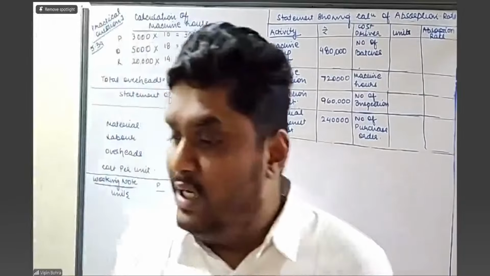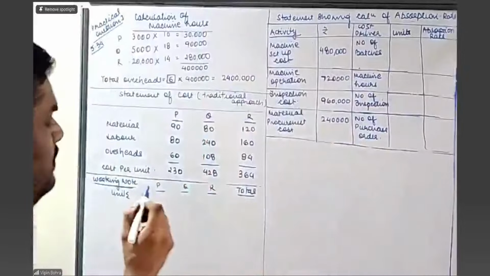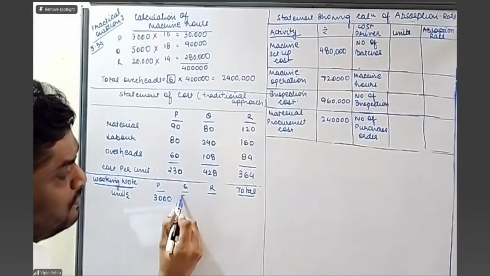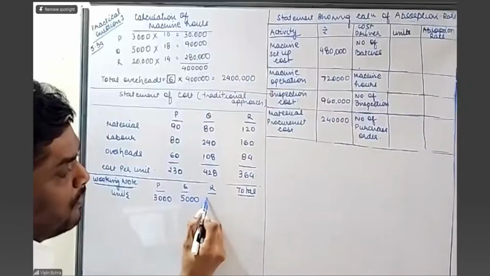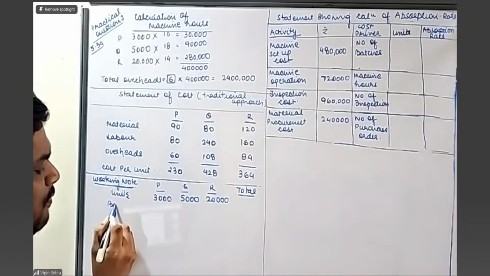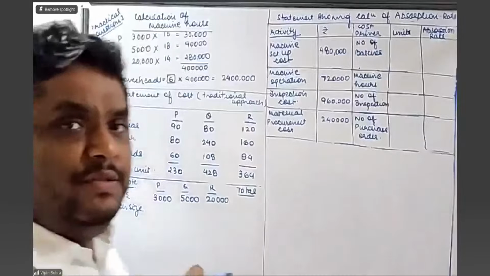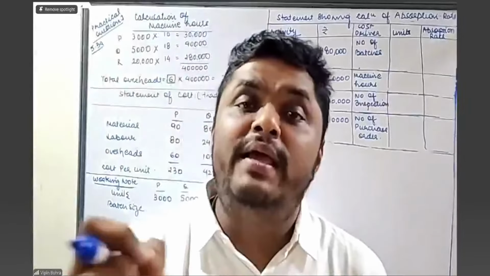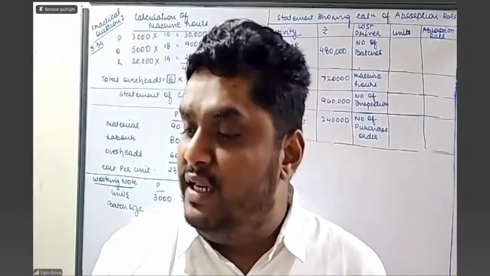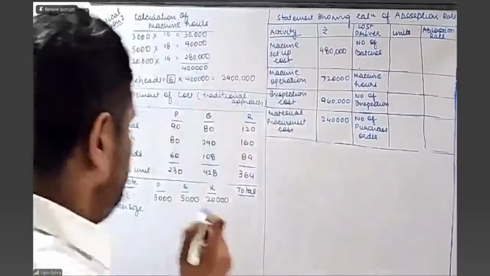Now the total units we are manufacturing is 3000, 5000 and 20,000. Batch size means what, that is, how many units are manufactured in a batch. So it is 150, 500 and 1000.